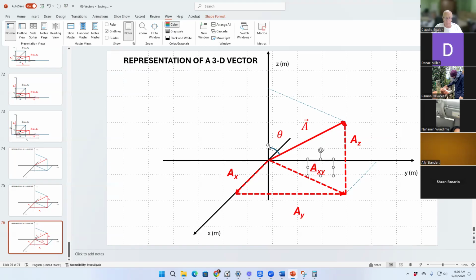And if I want to know this angle right in here, look at the triangle that I have here. If this one is AXY, this also is going to be AXY.